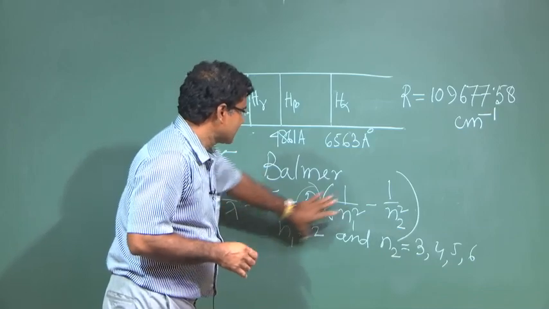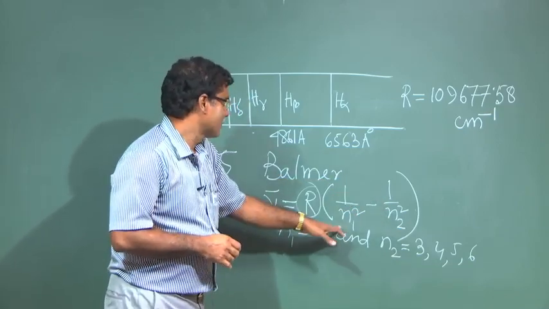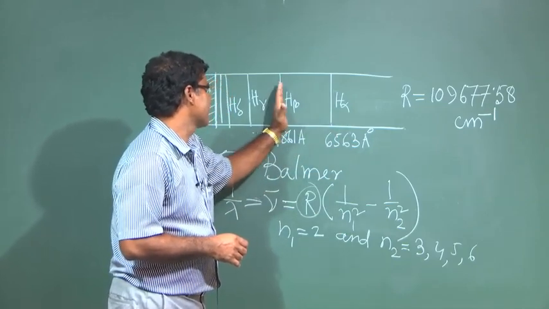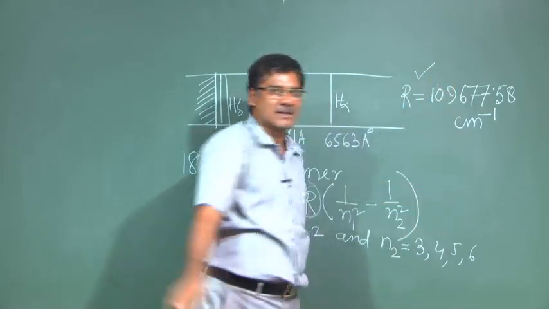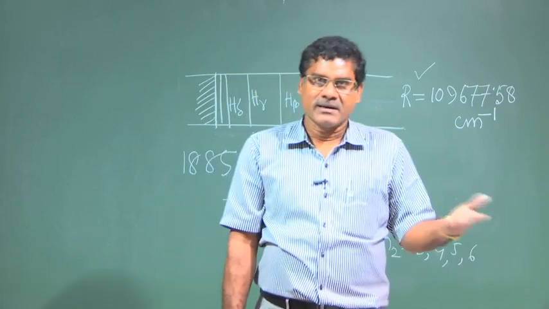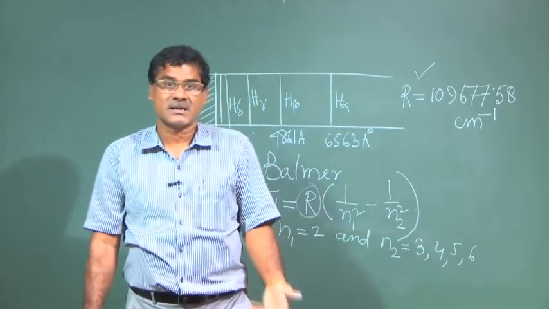Anyway, this was a nice empirical formula which can give this data, but R has to be this constant. Later it was found that Balmer's formula was related with the structure of the atom.